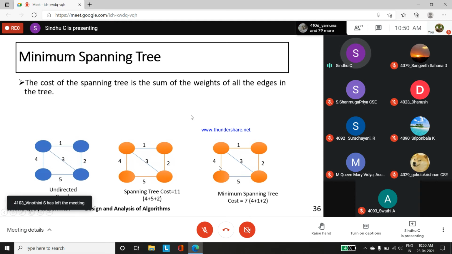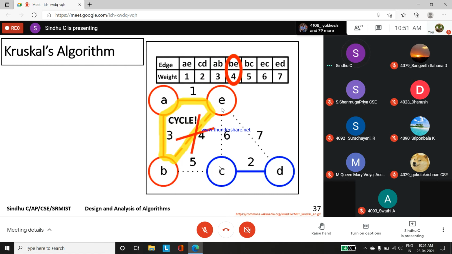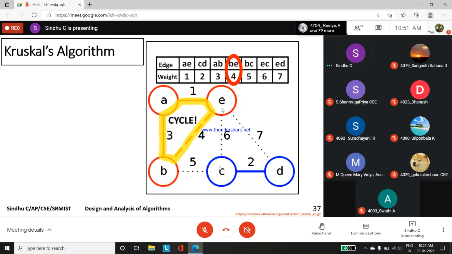Now, having these in mind, I'll discuss this Kruskal's algorithm, right? So Kruskal's algorithm, you just watch this image. Kruskal's algorithm adds edges to the spanning tree one by one, right? And as I told you, it follows a greedy approach because at each step, it adds least weight edges to the tree, right?